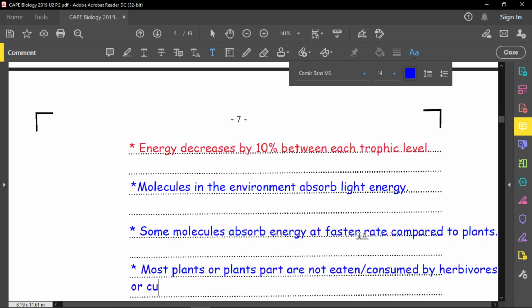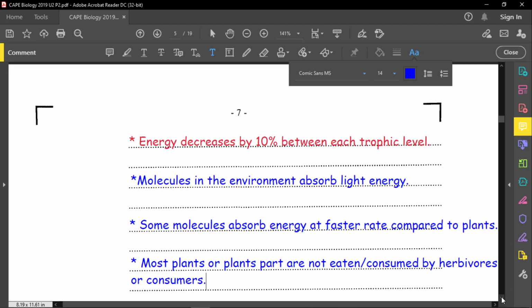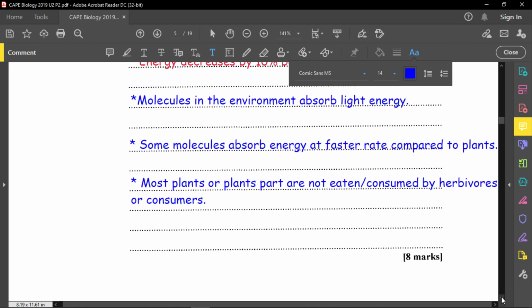Let's say consumers. All right, so that's very important to note right there. So most plant material is just not eaten by most organisms or most consumers.